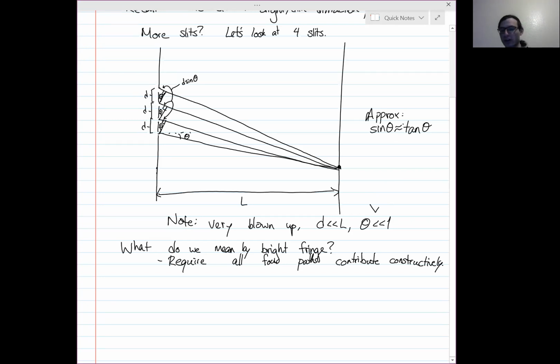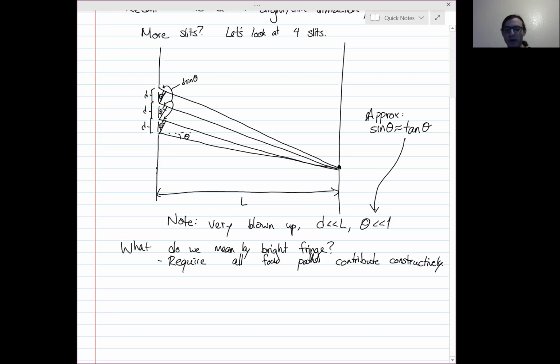That's why we require that theta is much less than 1. In general, it doesn't have to be the case, but it does make these calculations harder. But again, 90 degrees is when theta is like 1.5. So like 5 degrees, which is visibly deviated, is a relatively small angle.